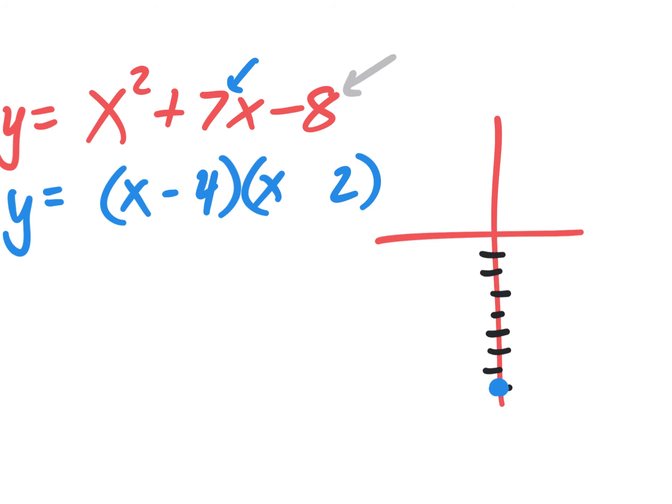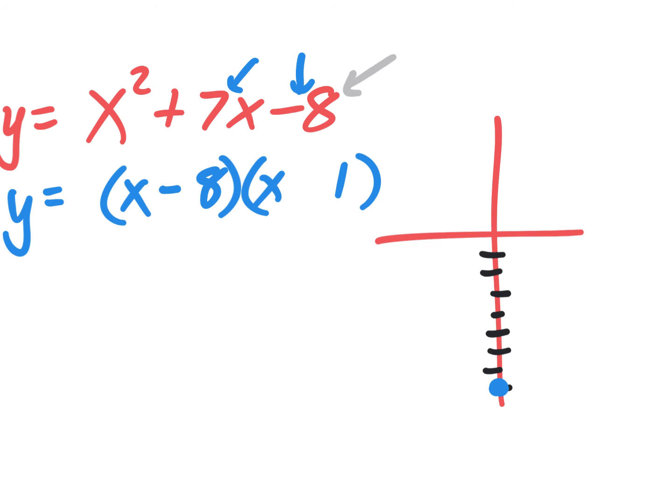So the 4 and the 2 are out. Why? Because if you multiply it out, you won't get 7x. So if it can't be 4 and 2, the only other choice, 8 and 1. 8 times 1. And does one of them need to be negative, or do both of them need to be negative? One of them needs to be negative to make it negative 8. So this will be negative one of these two, and I don't even know which one.